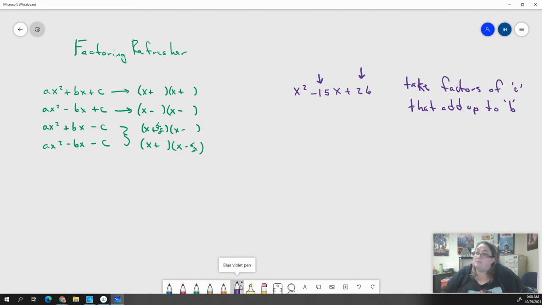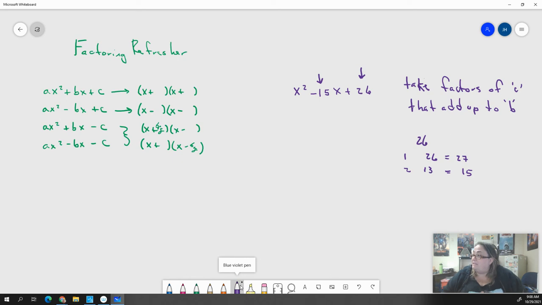This one's nice and easy because there's not a lot of factors of 26. We have 1 and 26, and 2 and 13, and that is all of the factors of 26. If I add 1 and 26, I get 27. If I add 2 and 13, I get 15.